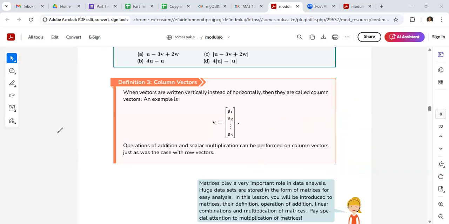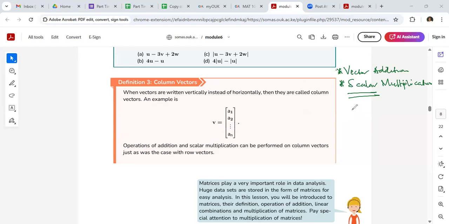Basically, that's it. Those are the basics of vector addition. But please note this, because I know we have linear algebra in year 2. We have started with two basic operations: vector addition and scalar multiplication, multiplying a vector by a scalar.